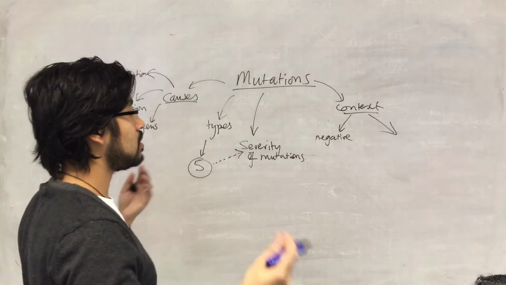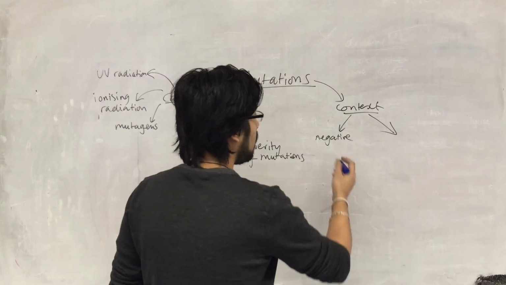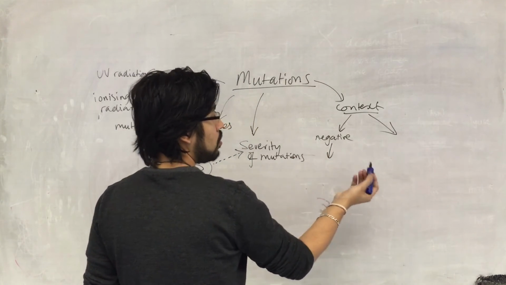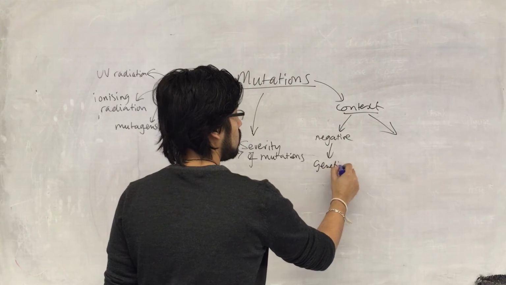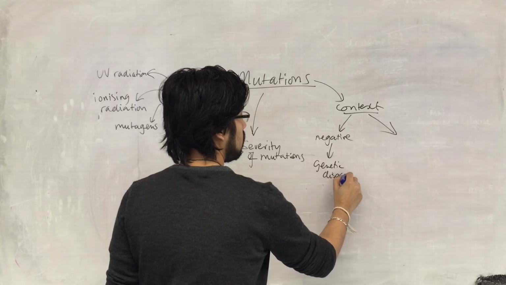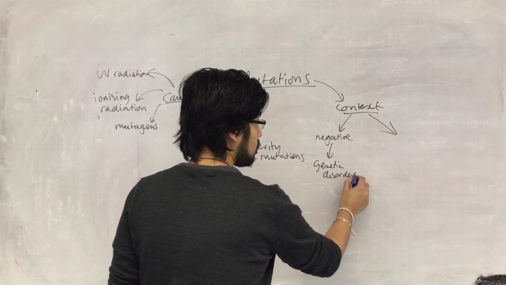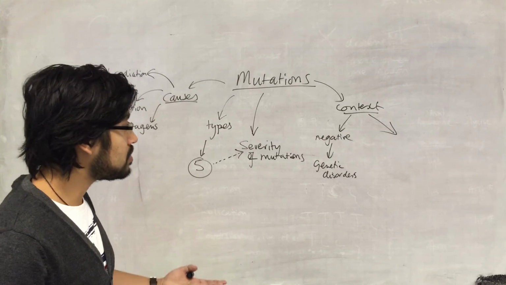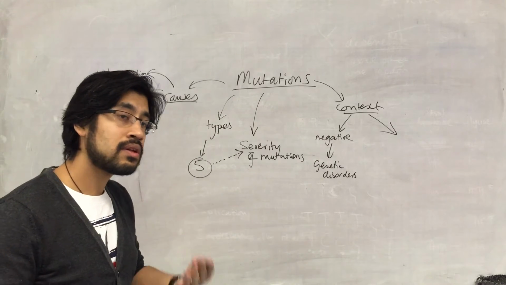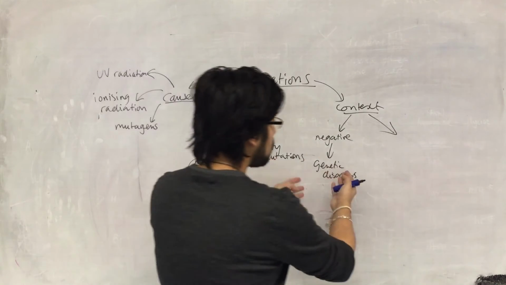Okay, so a mutation that is negative in its effect, and that essentially is what causes genetic disorders. Okay, so things like cystic fibrosis, things like sickle cell anemia, that's what we're talking about here.